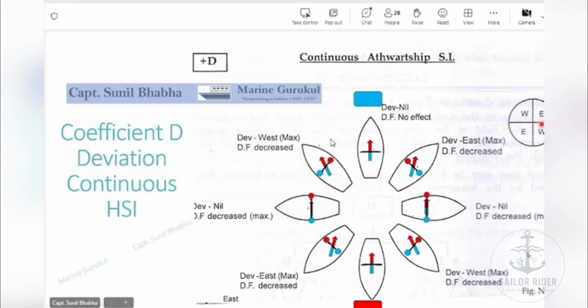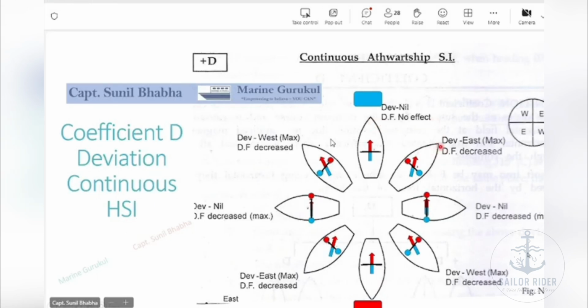Now another important thing here is that the directive force in this case is never increased on any heading. You can check all the headings. The directive force is not affected on some of the headings. Like you see on northerly heading, there is no effect on the directive force.